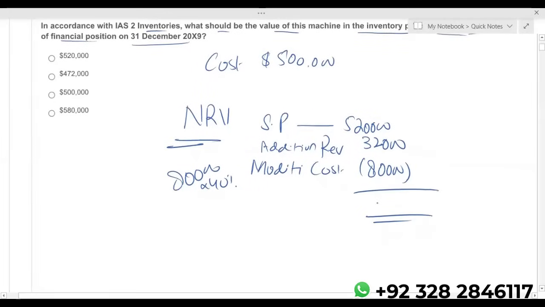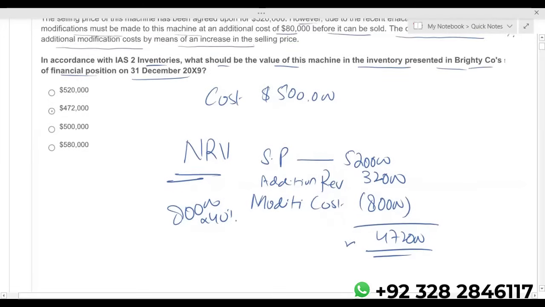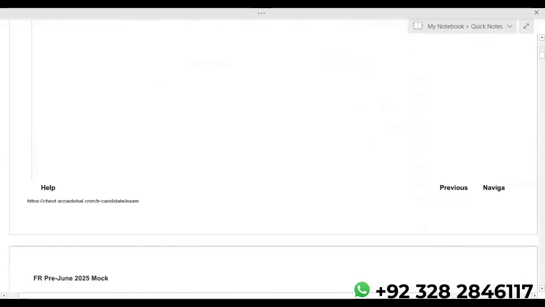I'm getting 4,72,000. So according to IAS 2, cost or NRV, whichever is lower. Here NRV is logically lower than the cost. So on the SOFP, this machine inventory will not be at 5 lakh, it will be at 4 lakh 72,000. Simply IAS 2, cost or NRV, whichever is lower.